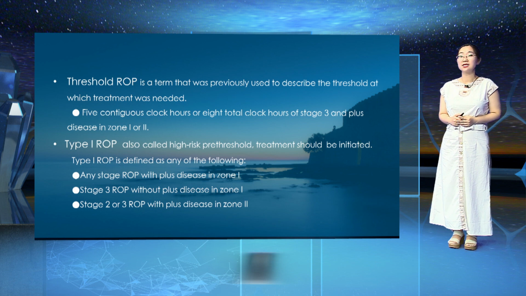Type 1 ROP is defined as any of the following. First one, any stage ROP with plus disease in zone 1. Second, stage 3 ROP without plus disease in zone 1. The third one, stage 2 or 3 ROP with plus disease in zone 2.